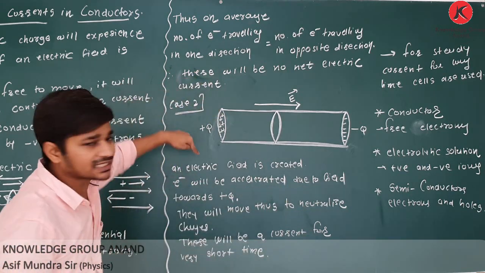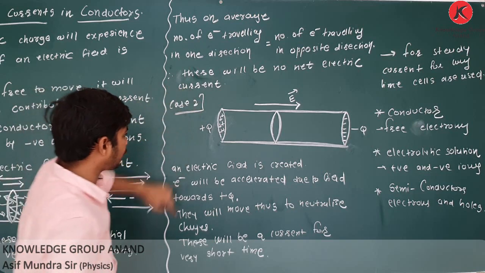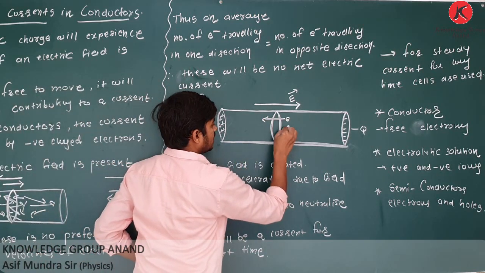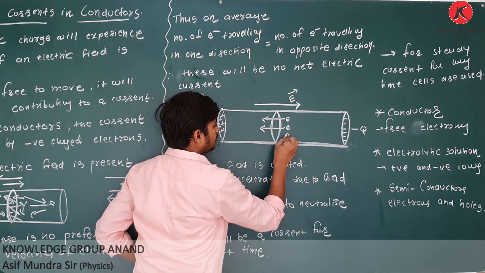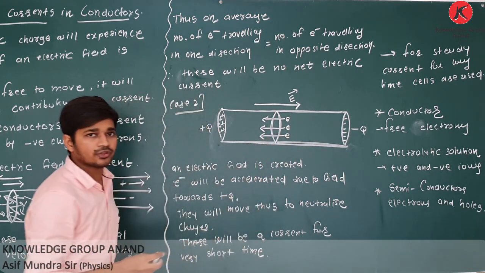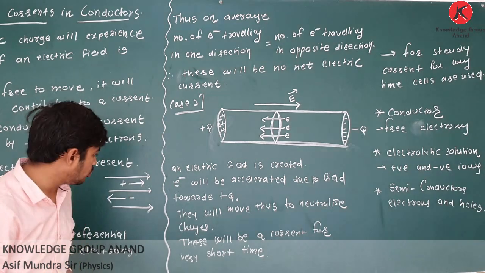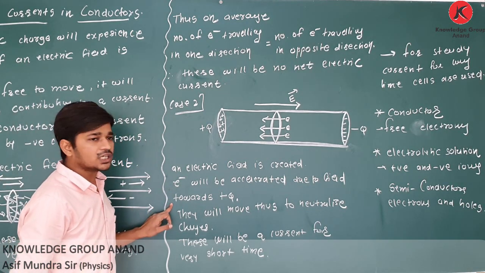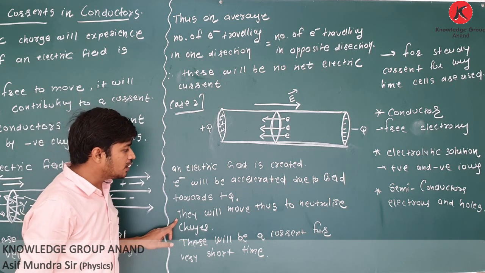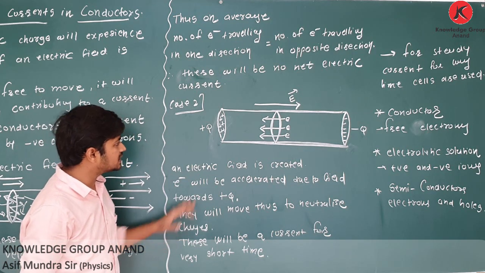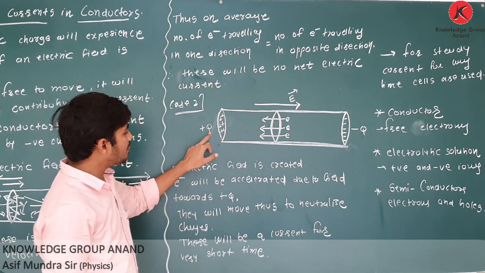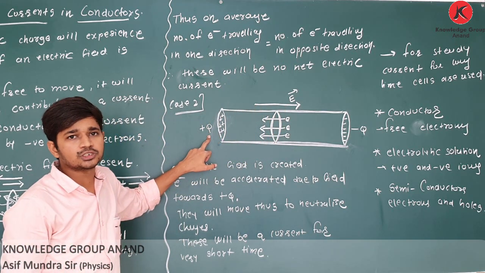But in this case, due to the electric field, electrons are moving in this direction. Clear about this? Electrons will be accelerated due to the field towards plus Q. They will move to neutralize these charges. Yes, electrons will move, and they will neutralize this plus Q charge.